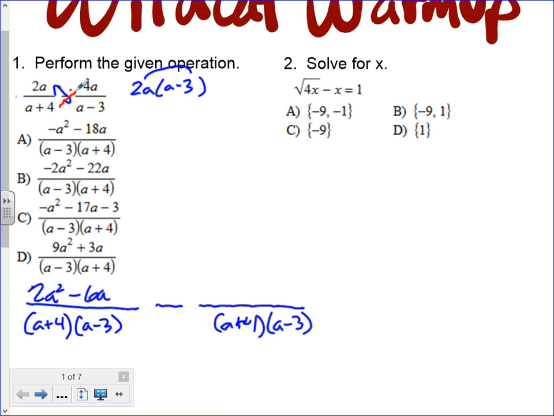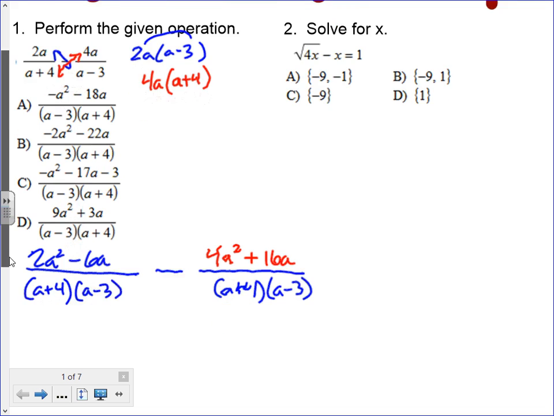Cross multiply the other way. 4a times a plus 16a.